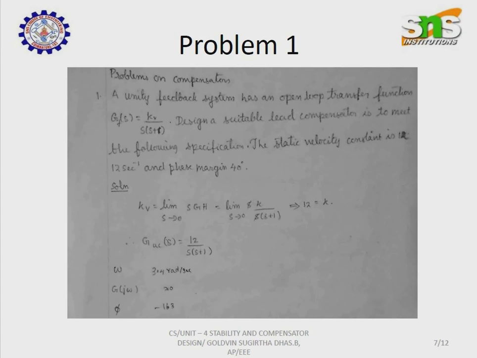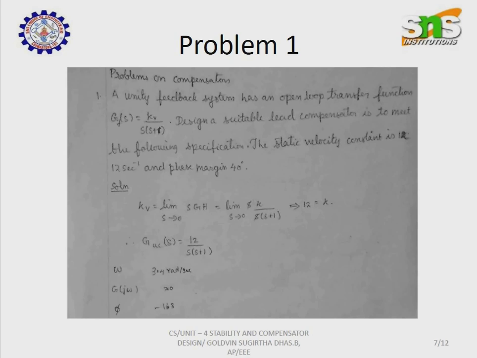Now we will substitute the k value in the uncompensated system. G uc of s equal to 12 by s into s plus 1. And now we have to find the frequency where the gain of g of j omega equals 0, and we need to find the corresponding phase angle gamma.